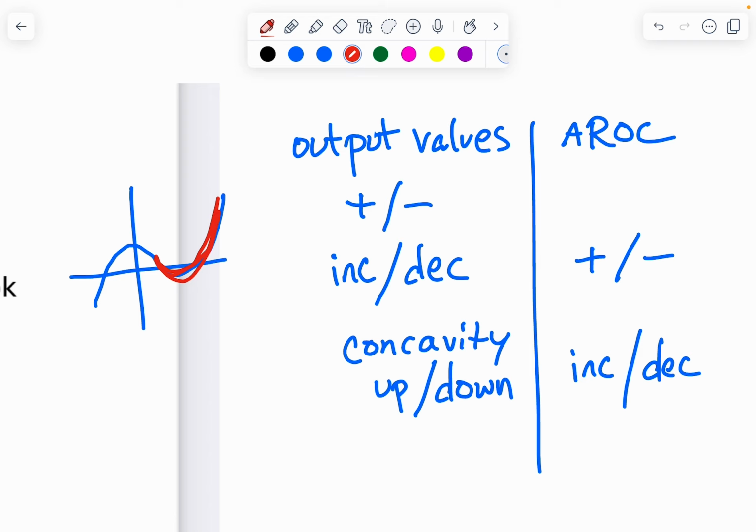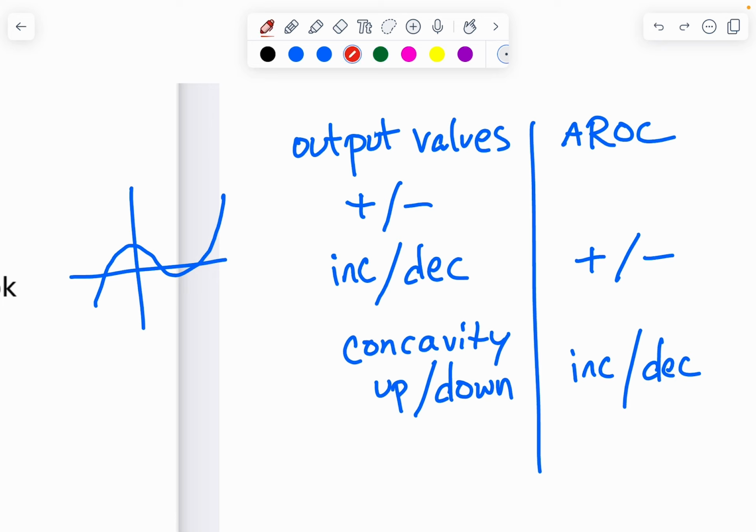And so our average rate of change on this side right here, we start with a negative average rate of change, but it becomes less negative. And then right here, we'd have an average rate of change that gets to 0. And then on the other side, we have positive average rates of change. And so the average rate of change goes from negative to less negative, which means it's increasing. It goes through 0 and it goes to positive values. So the average rate of change is increasing when we're concave up.